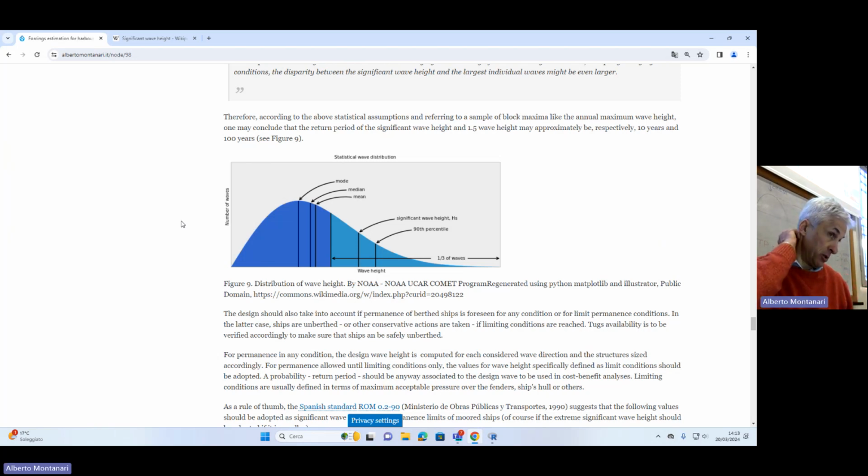And so if you look at the distribution, this is a probability density. Okay, remember what is probability density, and remember that the probability of not exceedance is the integral of the probability density. So if you look at the probability density here, you see that there is the 1/3 of waves that is depicted here, and then the average of this 1/3 is the significant wave height Hs.